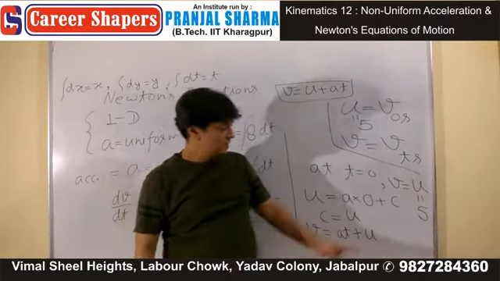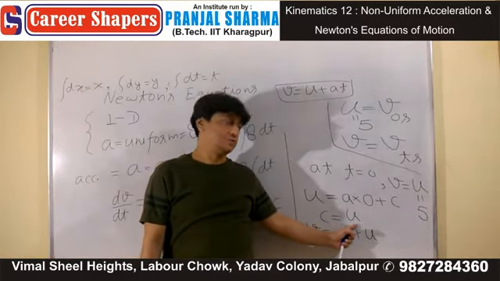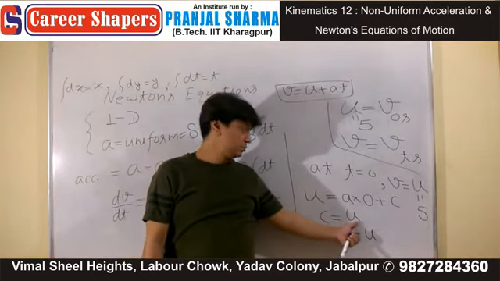Since we have no idea, we are using a symbol for that, and that is u. So when t is 0, the question says v is u. Replace t, replace v, and you get your c as u. Once you get c as u, put it back in this equation, which gives you v equals at plus u. That is v equals u plus at. I hope you understand it now.